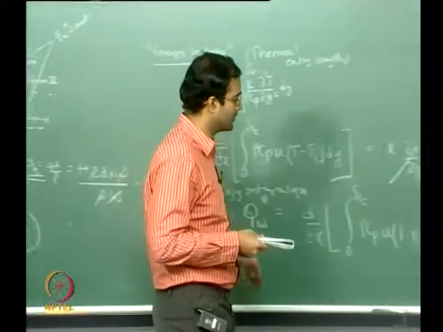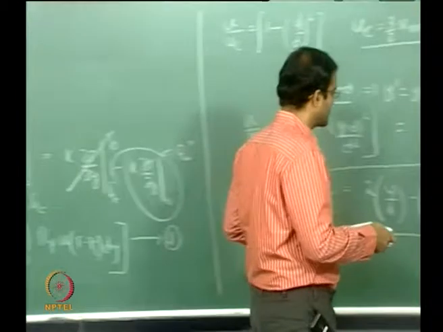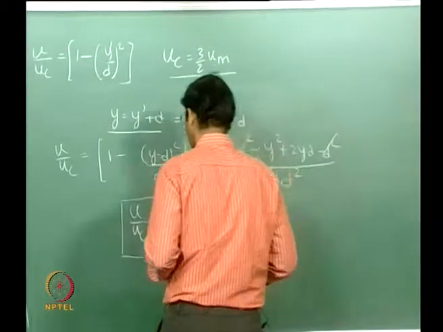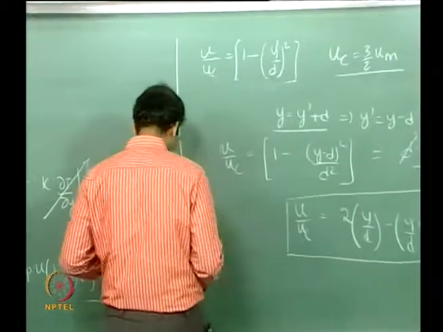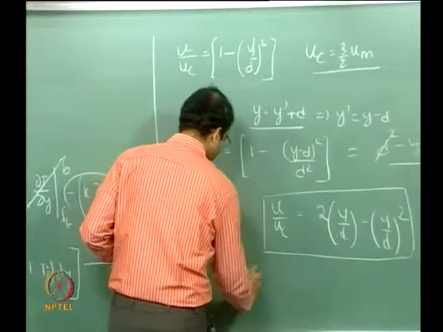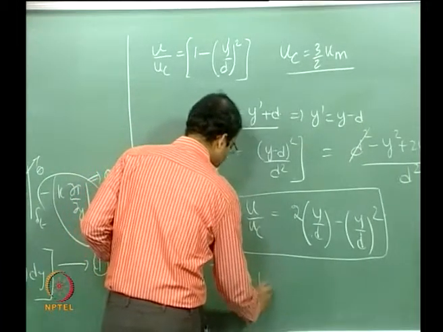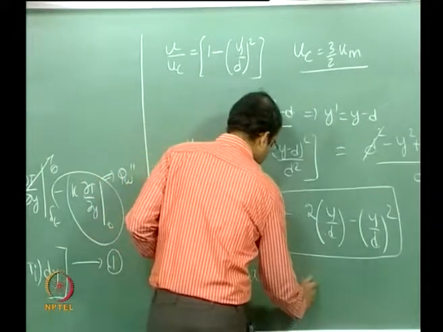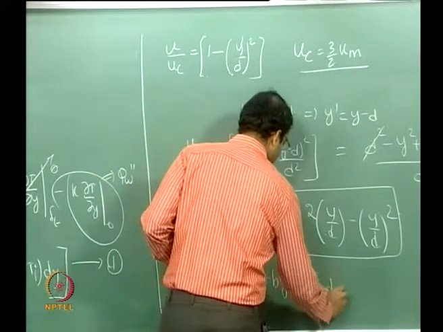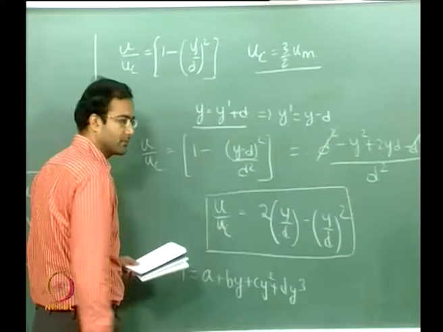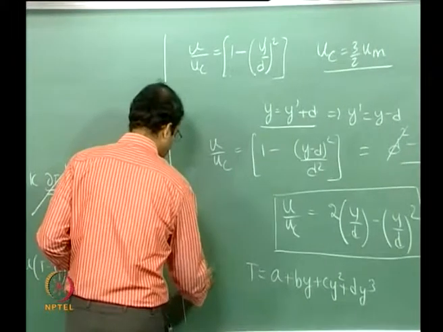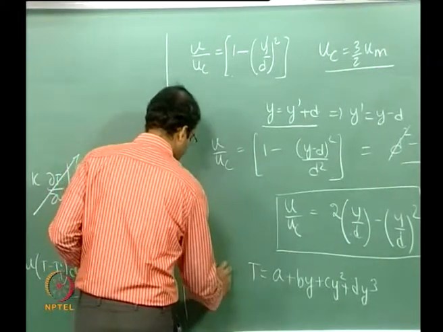So next we have to approximate the temperature. So here is where the approximation comes. We can assume a cubic temperature profile: A plus By plus Cy square plus Dy cube. So this is where you approximate or assume.